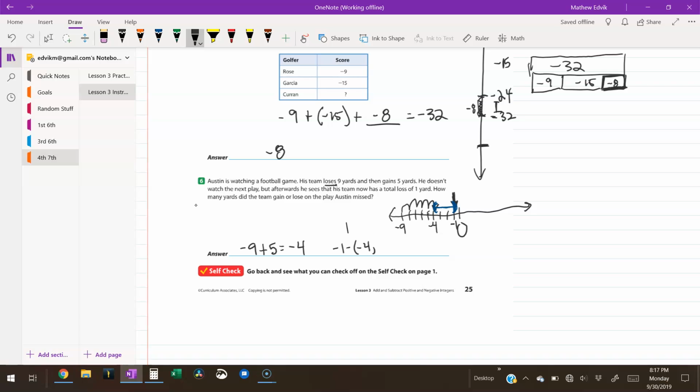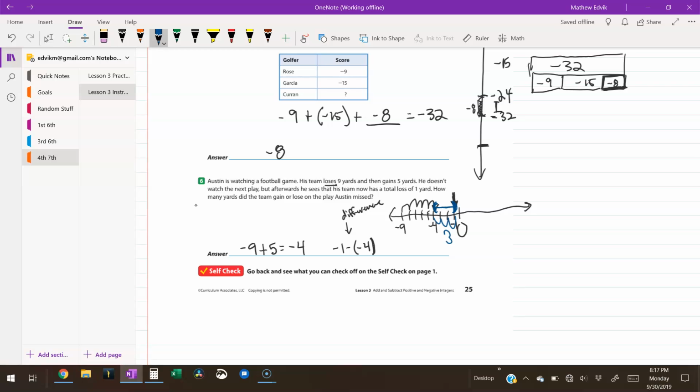The difference, so that's why that's subtraction, between -1 and -4. So if we're modeling it, we can look at it and say, oh, well, that's pretty easy. It's 1, 2, 3. So 3 yards is how much they gained.